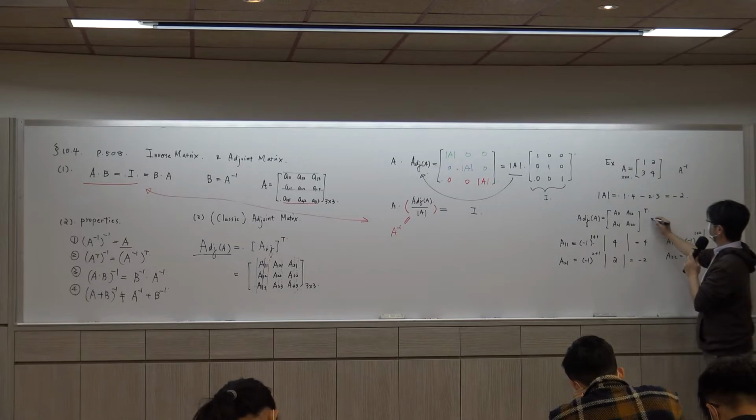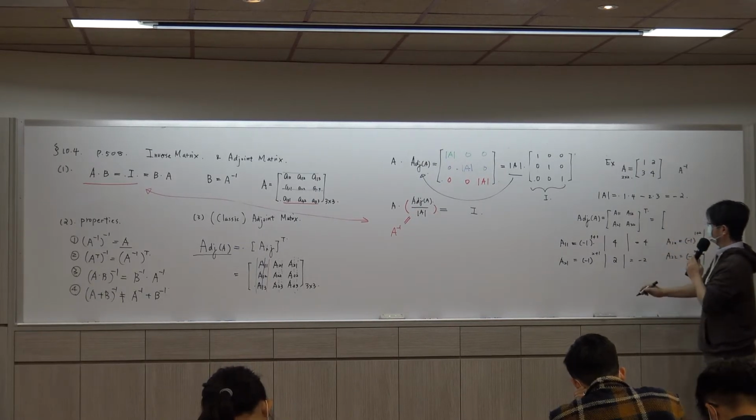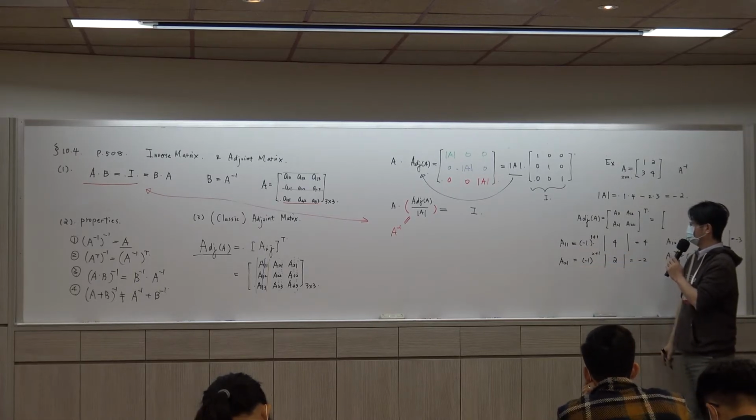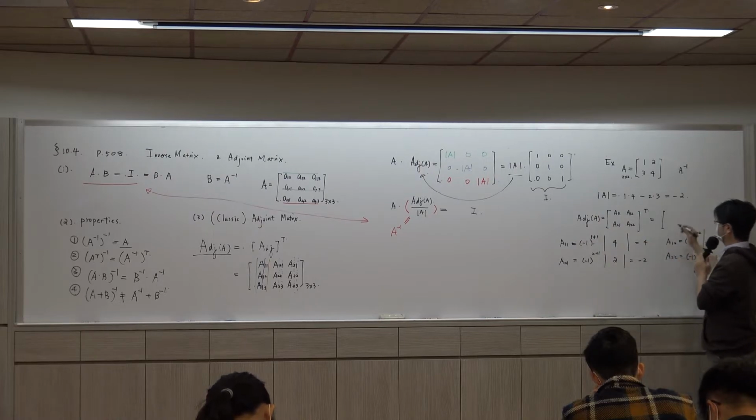Okay, so the answer is, we just put the 4 cofactors into the adjoint matrix here.